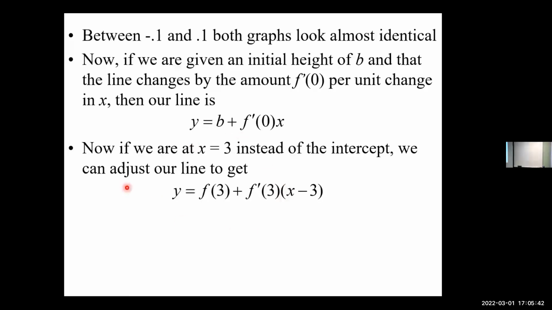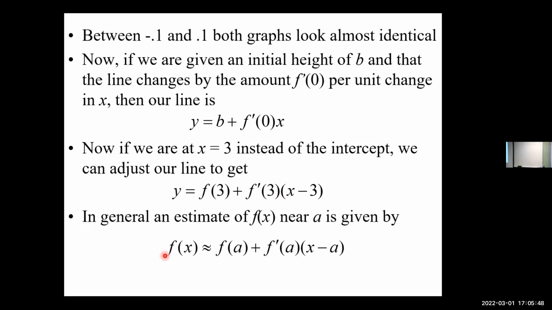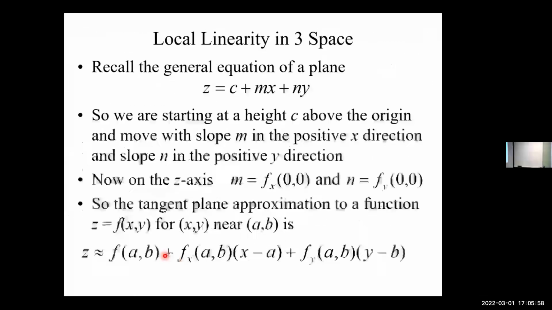So we have our general tangent line or first degree Taylor polynomial. Now, again, this is back in 2D. In 3D, well, we know what a linear function looks like, right?